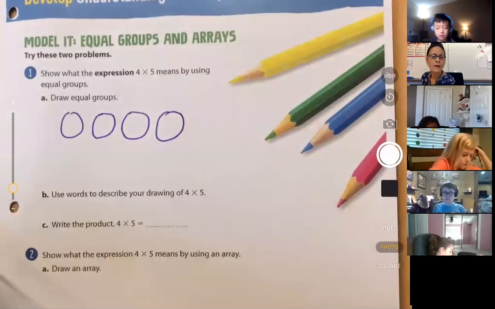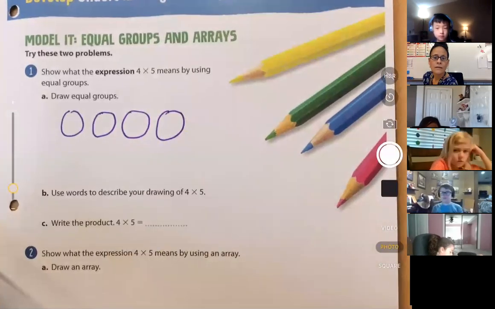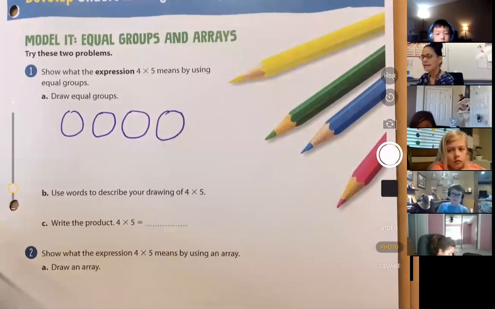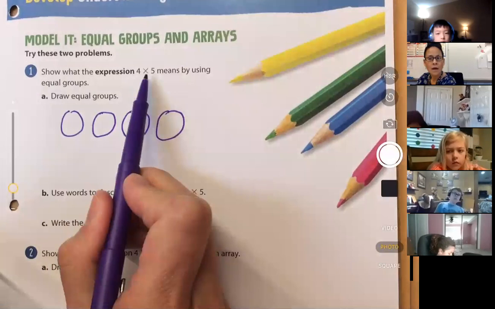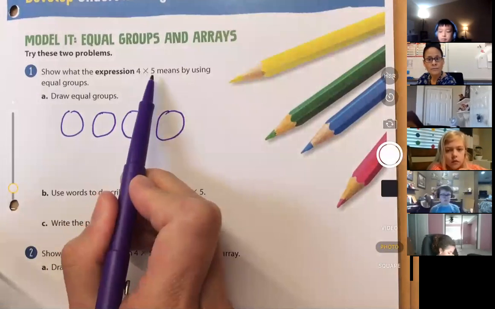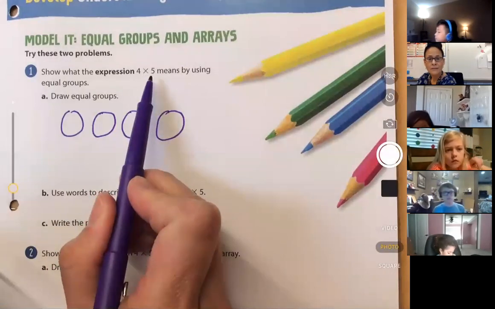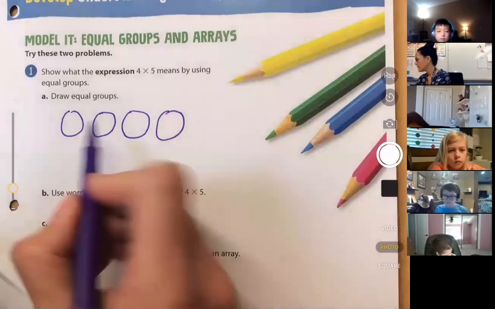All right, we have 4 groups. Now, the second number is telling us how many are in each group, and that's 5. So let's model that too.